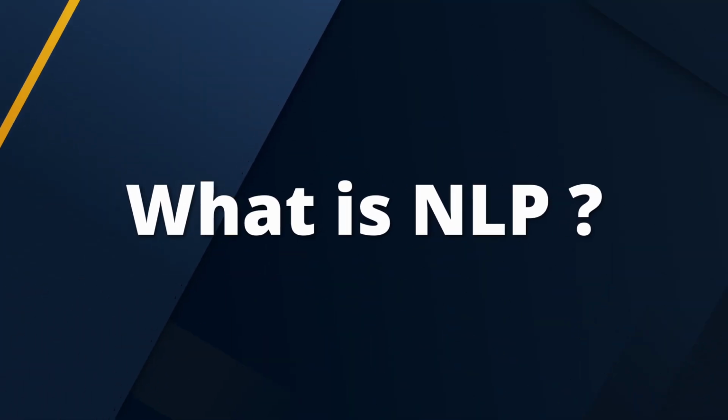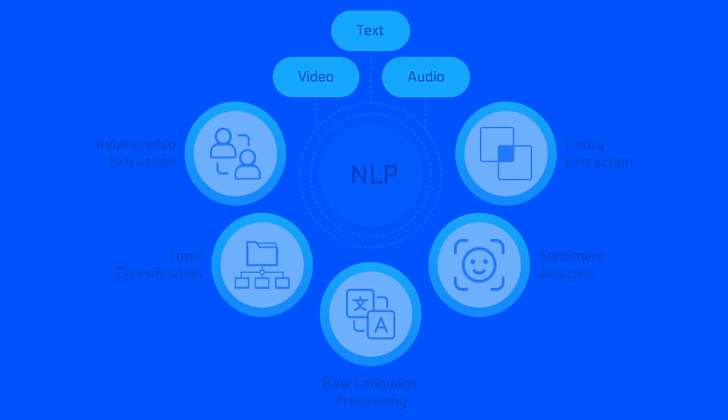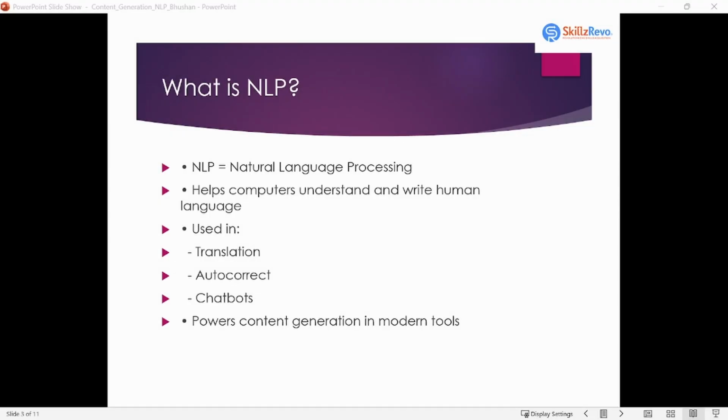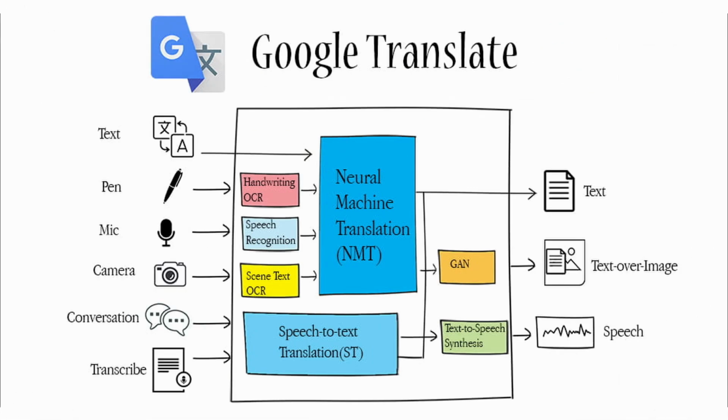Now, what exactly is NLP? NLP is natural language processing. In simple words, NLP is a field in artificial intelligence that focuses on how computers can understand, interpret, and generate human language. For example, NLP allows Google Translate to convert text from English to Hindi, like general language translation.